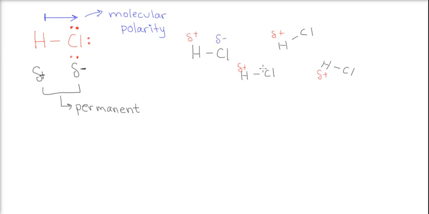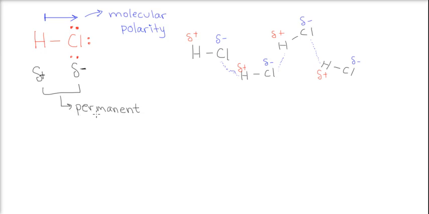And so, since opposites attract, the partial negative charges of our chlorines are going to attract the partial positive charges of our hydrogens, and vice versa. And so these attractions are really strong, again, because the dipoles are permanent.